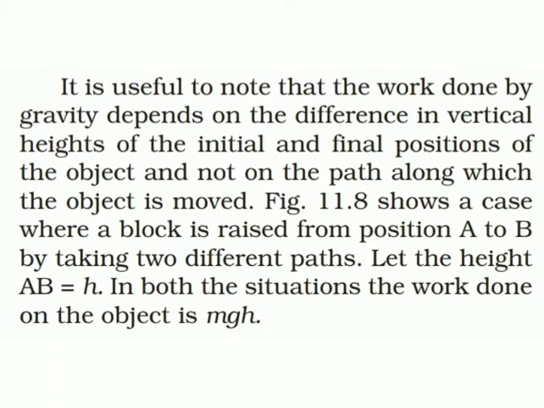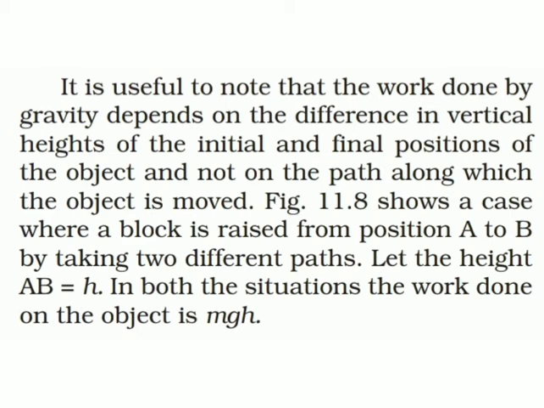Let the height AB equal h. In both situations, the work done on the object is mgh. The work done by gravity depends only on the initial and final positions of the object, and not upon the path covered by the object to reach the final point.